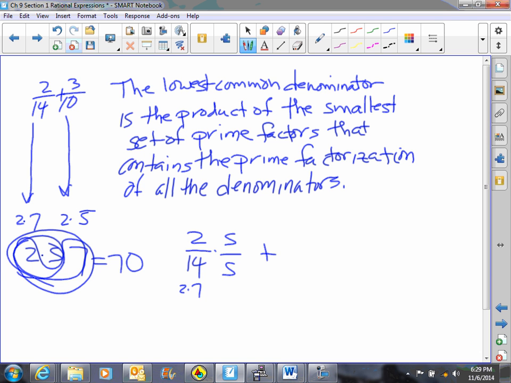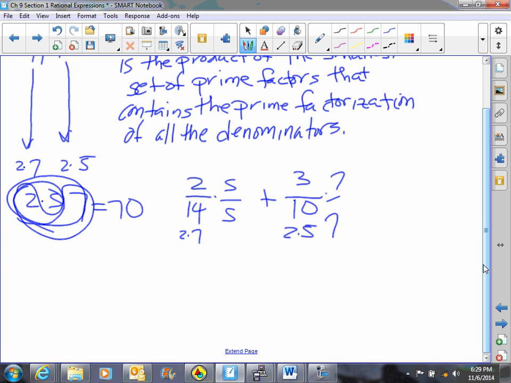Now, we have also 3 tenths. 10 is 2 times 5. Notice I'm missing the 7. So we can multiply numerator and denominator of this fraction by 7. And what we get is 10 over 70 plus 21 over 70, which becomes 31 over 70.